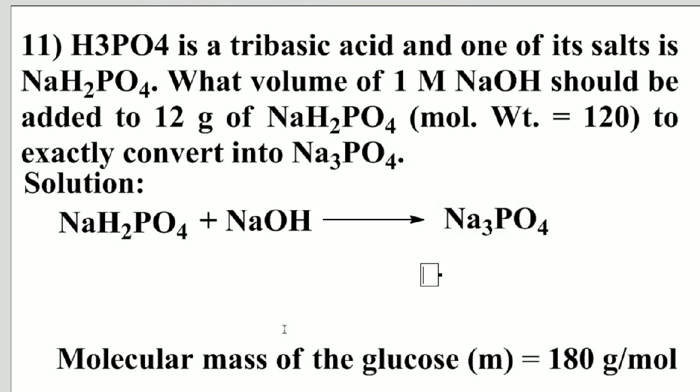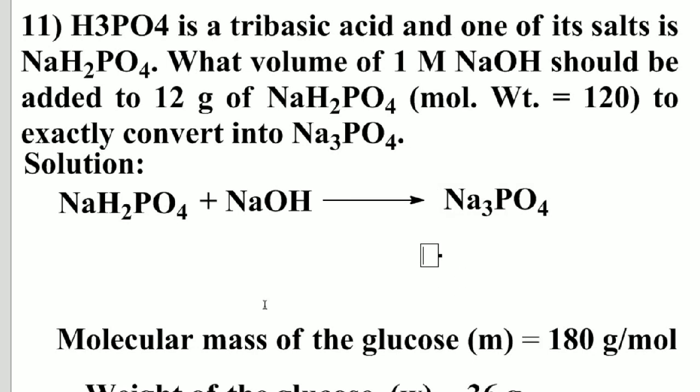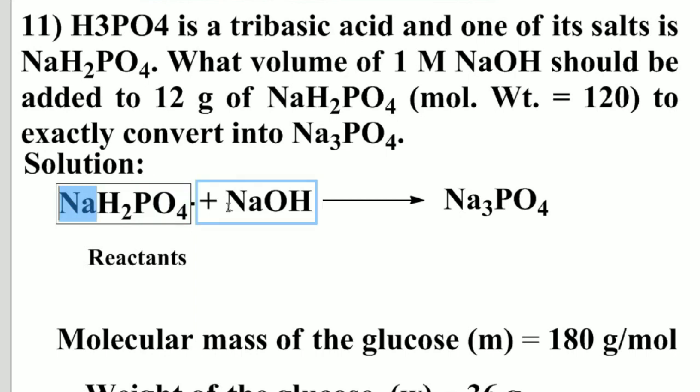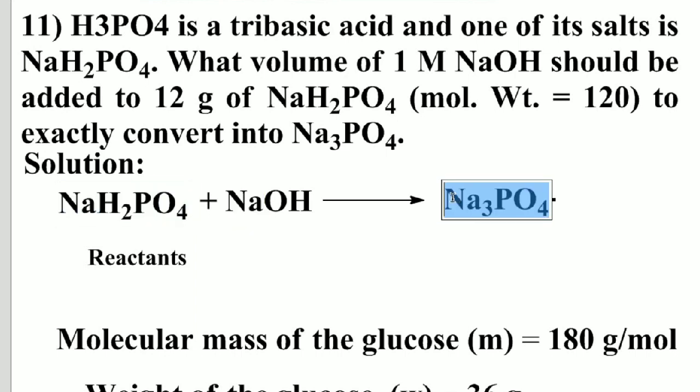Students, here the equation is not balanced. NaH2PO4 and NaOH are the reactants, and the product is Na3PO4, but in the reactants only 2 sodium atoms are present, whereas in the product 3 sodium atoms are present.